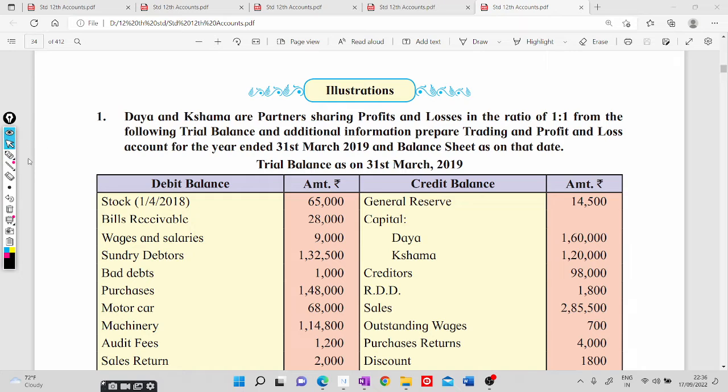One thing you have to remember is that the debit balances indicate assets and expenses, while the credit balances indicate the income and gain. We have to prepare the trading account, profit and loss account and balance sheet using the trial balance. The trial balance is the ledger balances of all the ledgers.